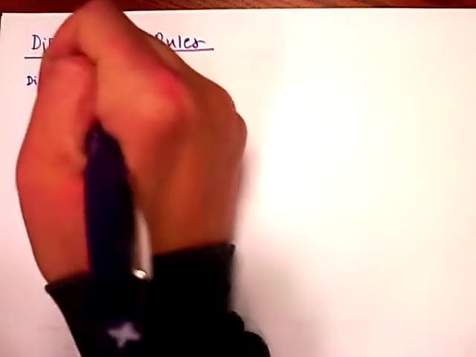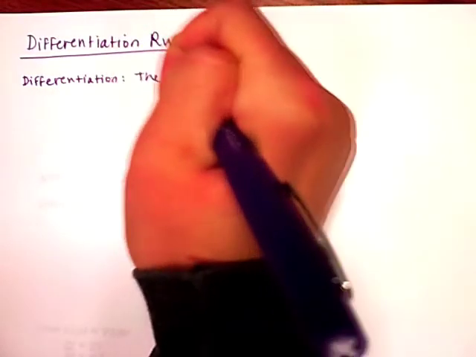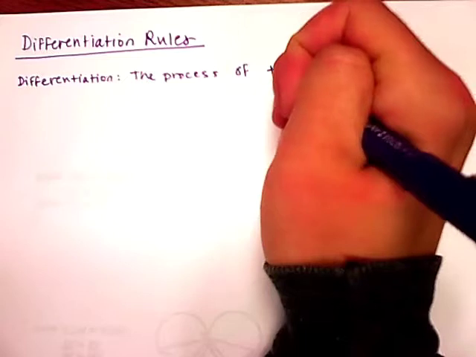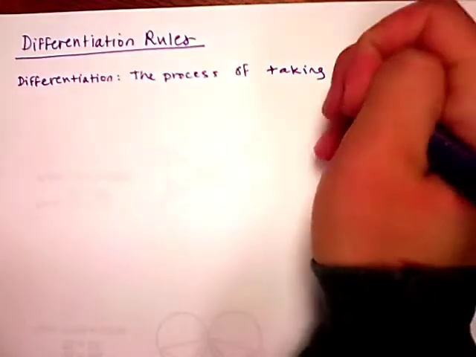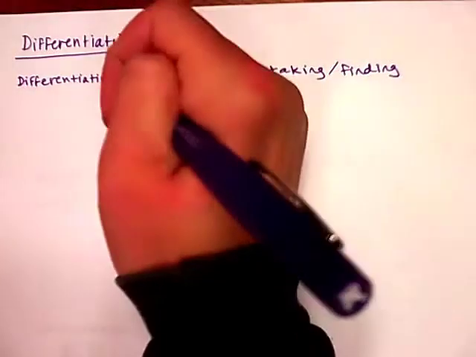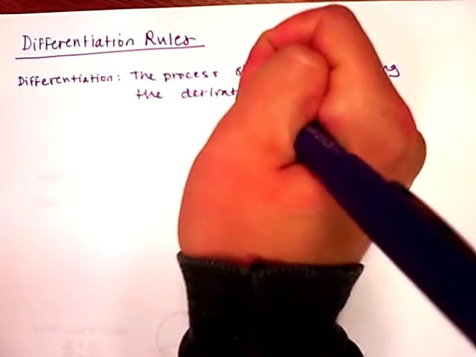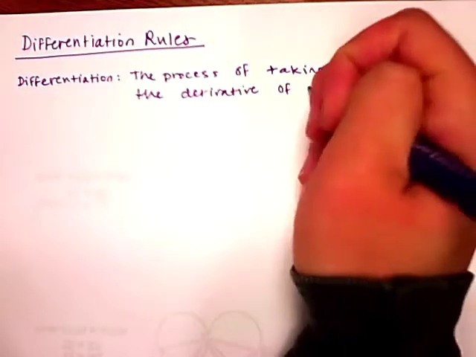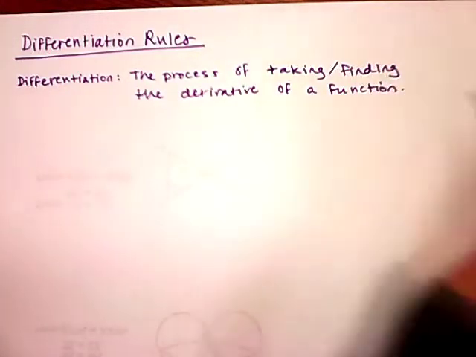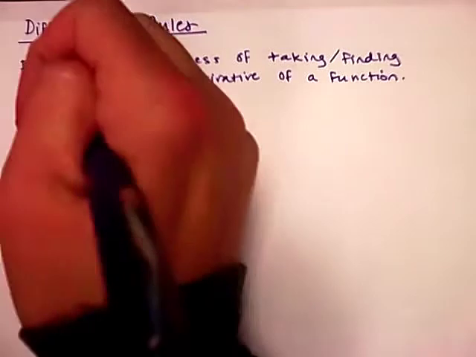Differentiation is the process of taking a derivative or finding the derivative of a function. And so that's a noun, but you could also have a verb form, which is differentiate.